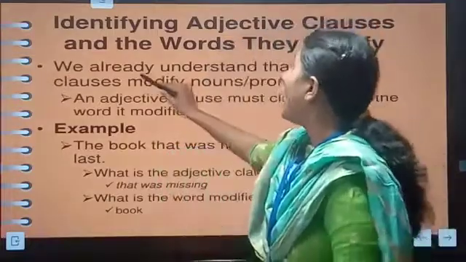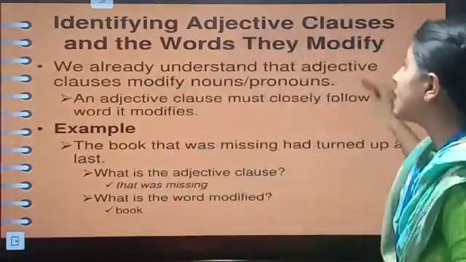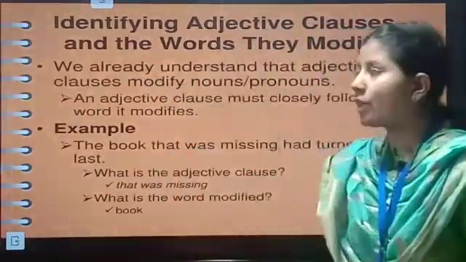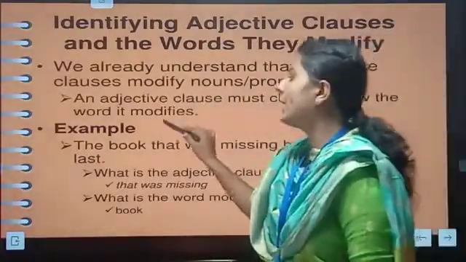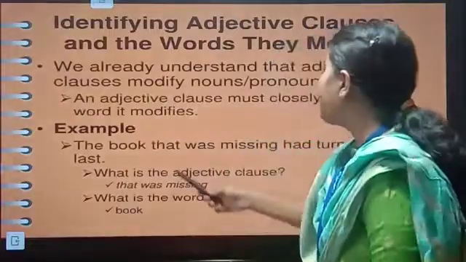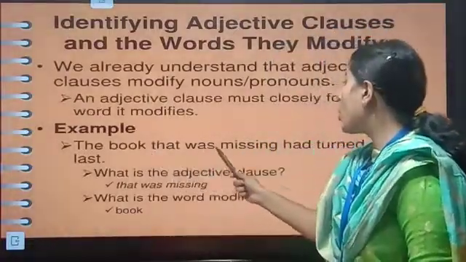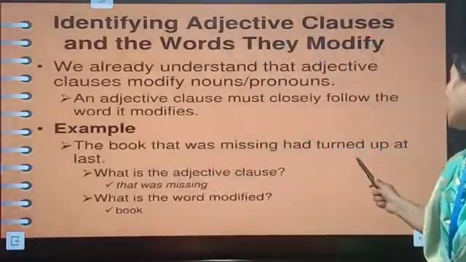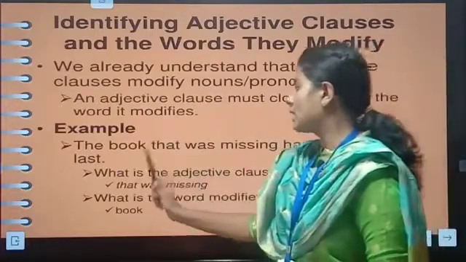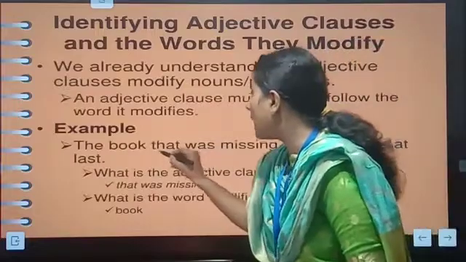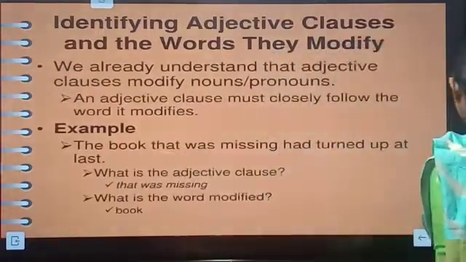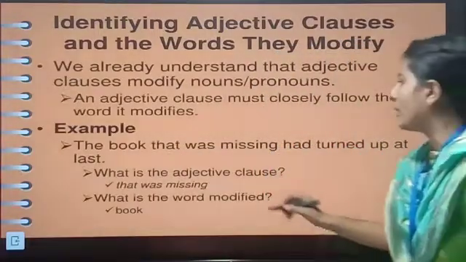So we already understand that an adjective clause modifies a noun or pronoun, and an adjective clause must closely follow the word it modifies. Okay, the book that was missing had turned up at last. What is the adjective clause? Here you can see that 'that' is the relative pronoun, isn't it?